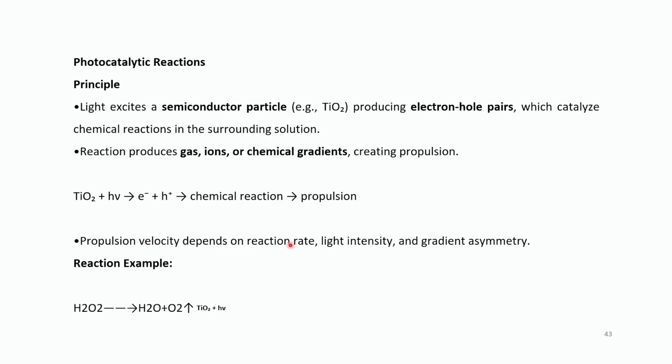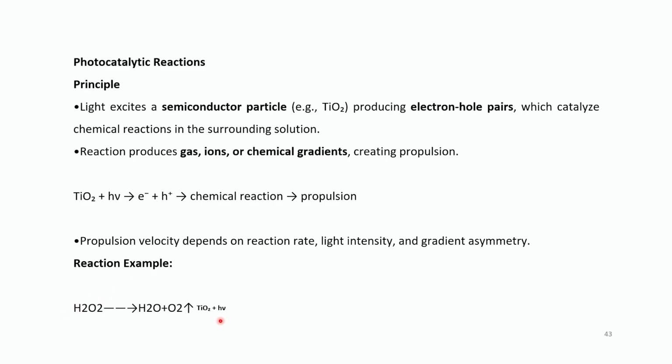Propulsion velocity depends on reaction rate, light intensity, and gradient asymmetry. The reaction example is H2O2 going to form H2O and O2 in the presence of TiO2 and hν. So you have a light and you have a catalyst, that is a photocatalytic reaction, where light is falling upon it in presence of catalyst, and there's a fuel like this.